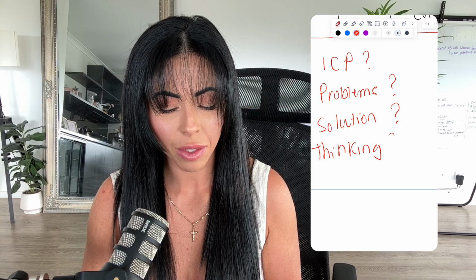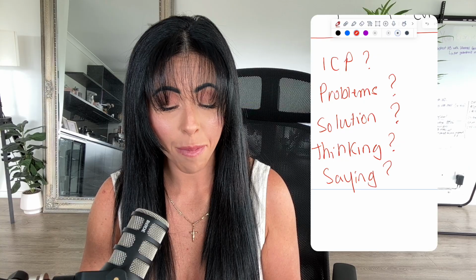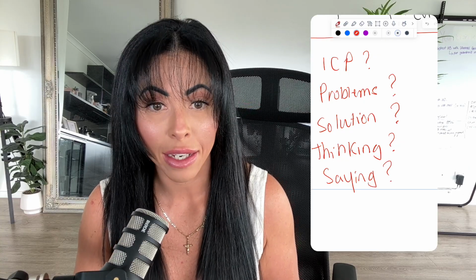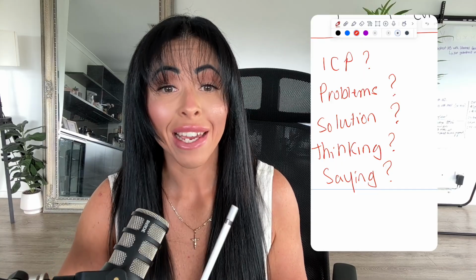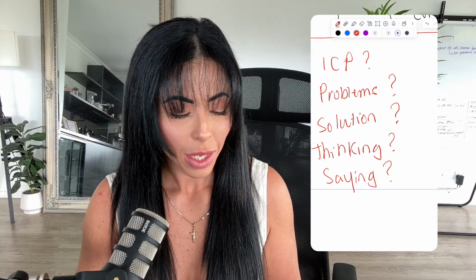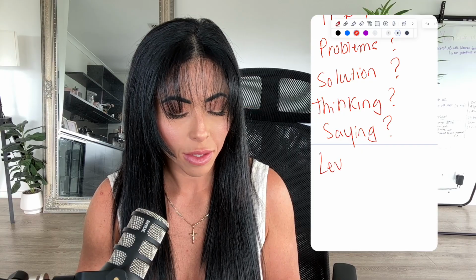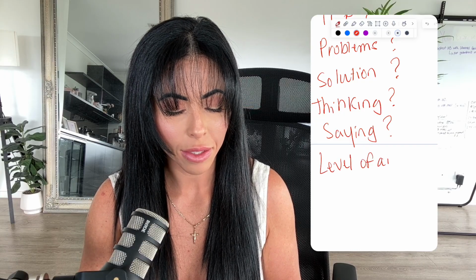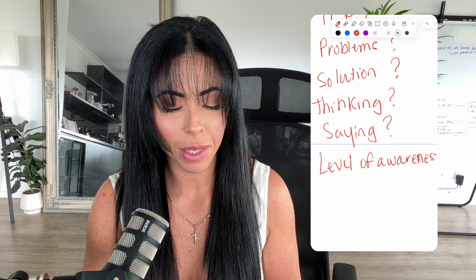That's a really big one. What are they saying? This is a major one. What are they thinking and saying? Not what you think, what are they thinking and saying? And then the last one, which is the most important for ads, what is their level of awareness? What level of awareness are we speaking to?